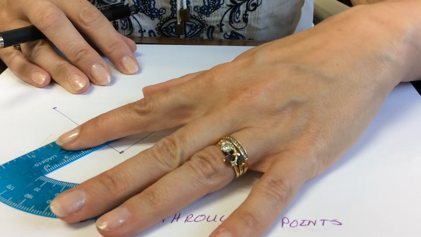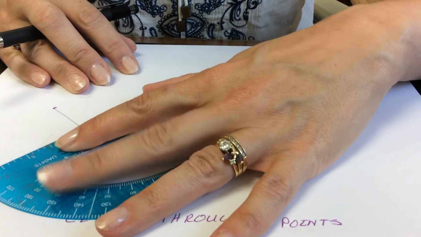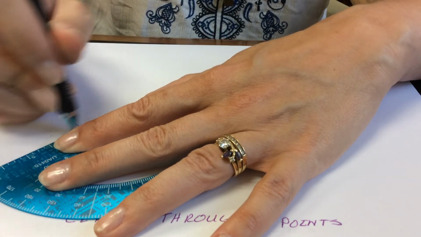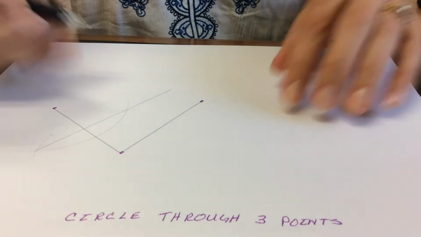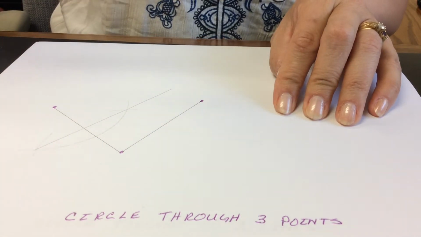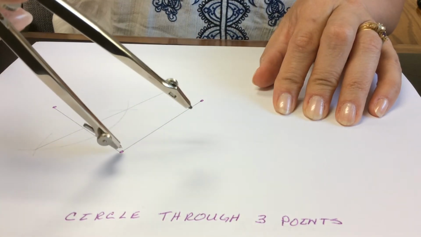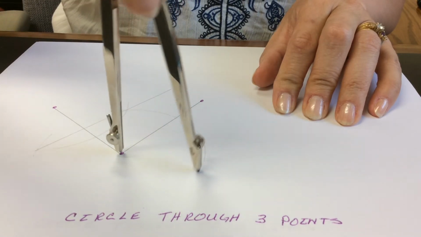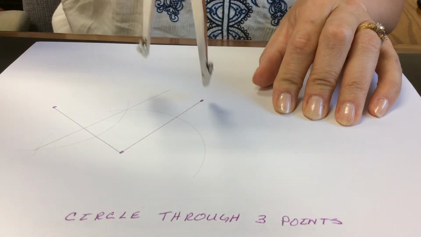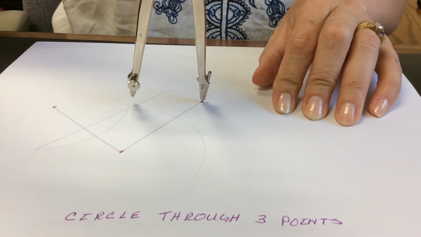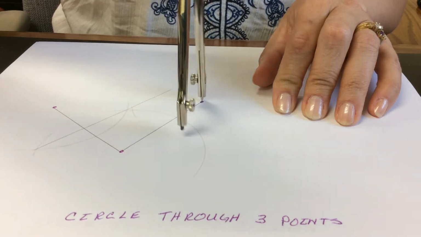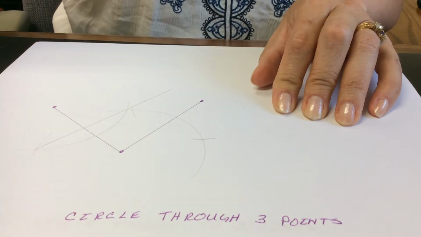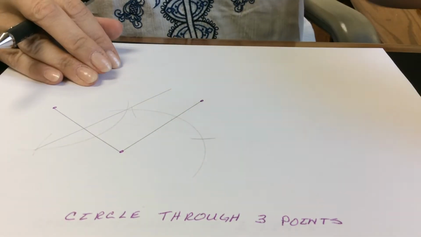And we have to be very careful with this one, or it doesn't work right. Okay, now we'll do that same operation on the other line. So we'll bisect this line. Draw the bisector.